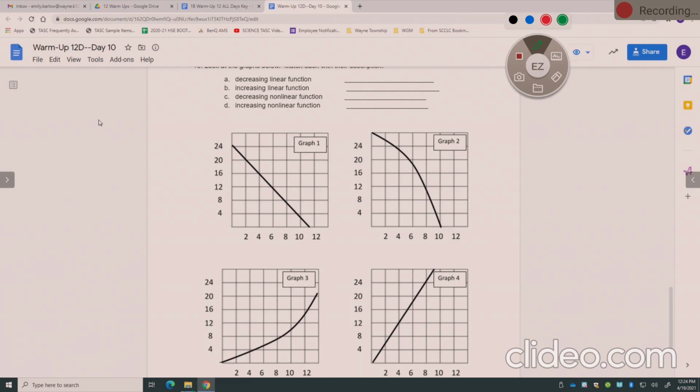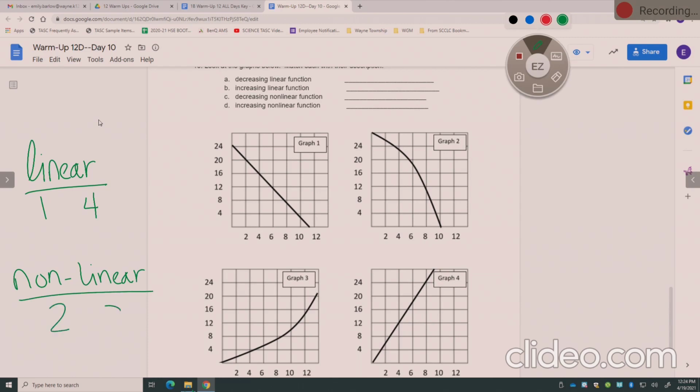So the easiest thing to see is which 2 are linear and which 2 are nonlinear. Well, we know the linear ones are graph 1 and graph 4. Those are our straight lines. Our nonlinear are our curves. And those are graphs 2 and 3.